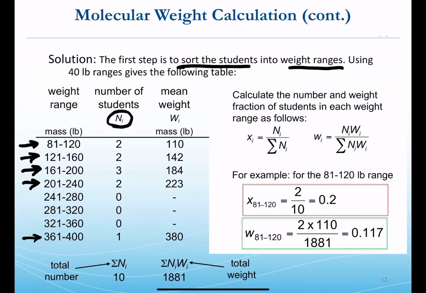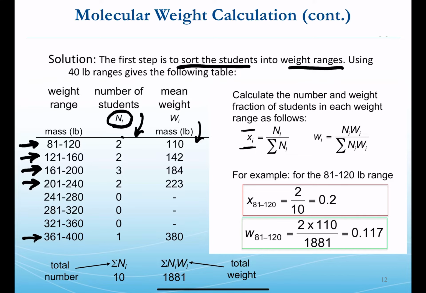And so what we want to get now is this number fraction information. We're going to use the N_i values to help us with that, and we're going to use the information for the bin that we had.